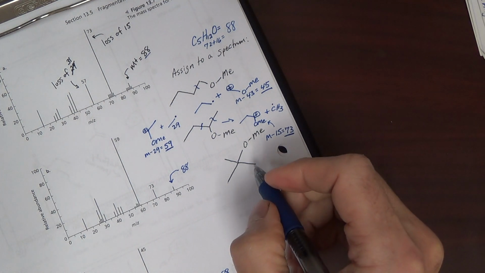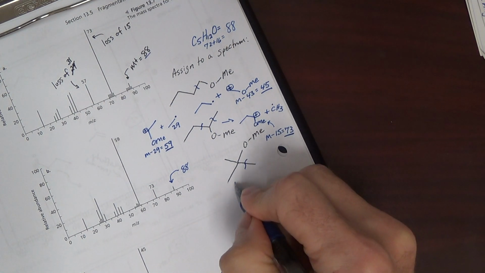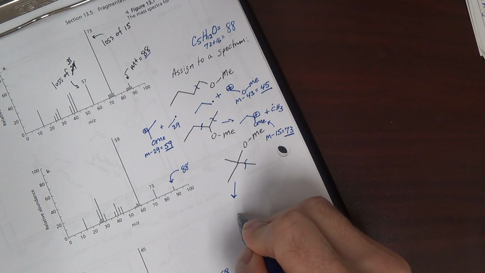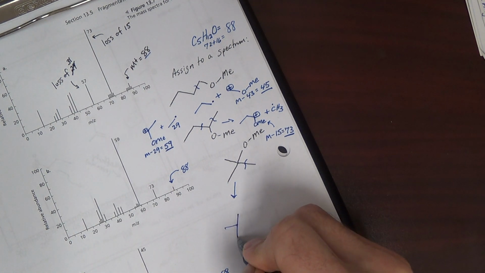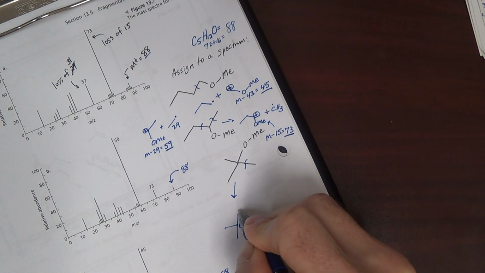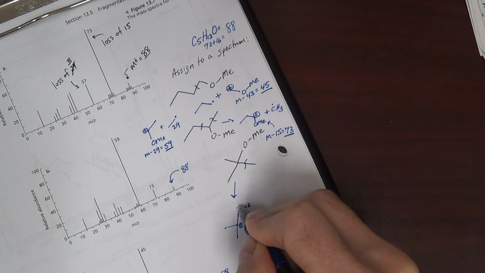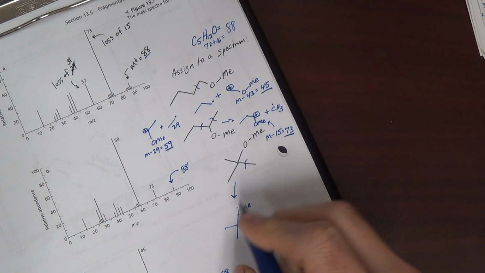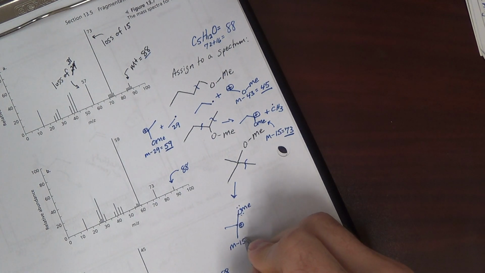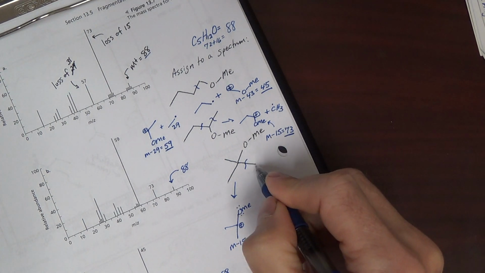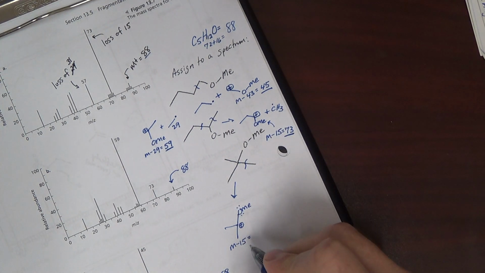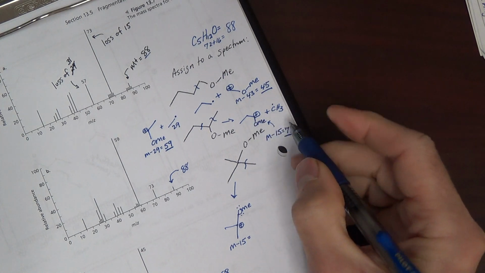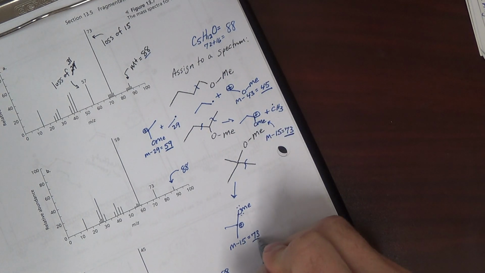Okay, third compound. We could cleave here. That would give a cation there, O methyl. That's M minus 15. Because we cleaved a methyl radical, and that's going to be just like up here, 73.